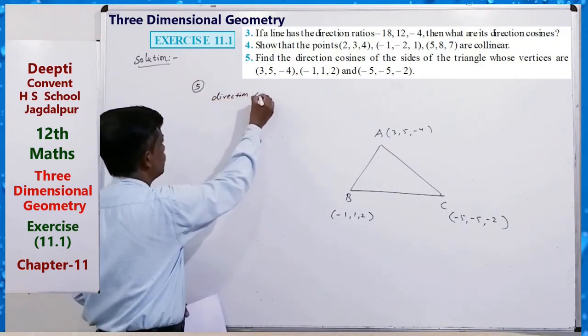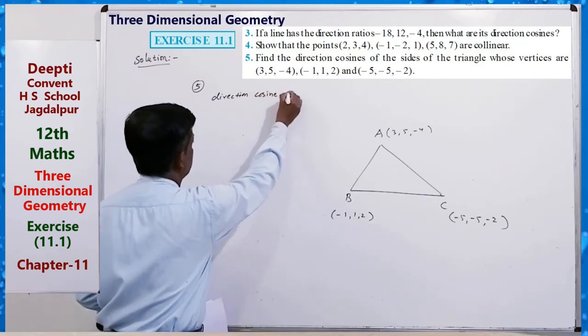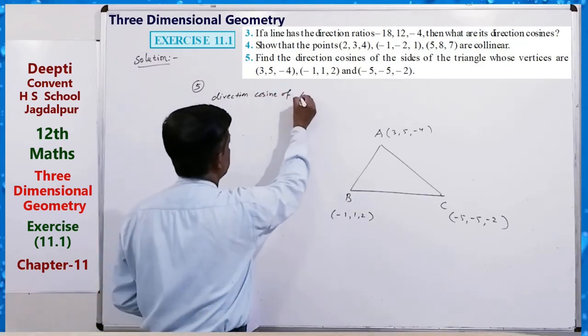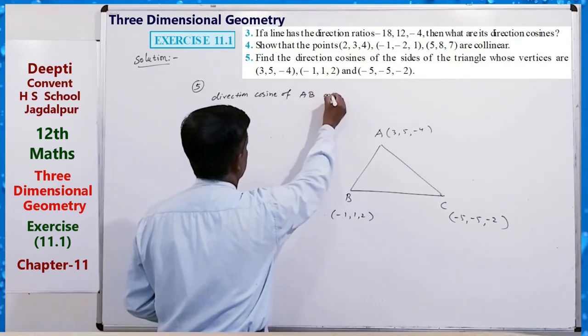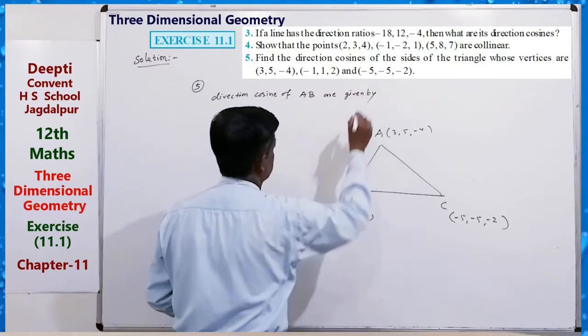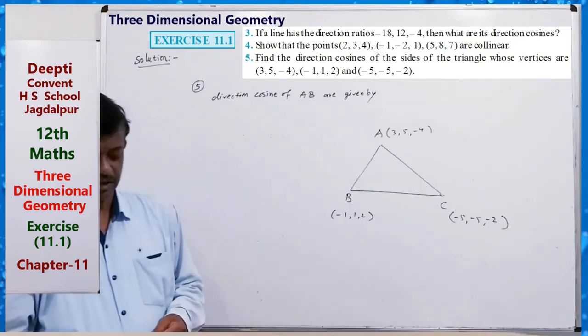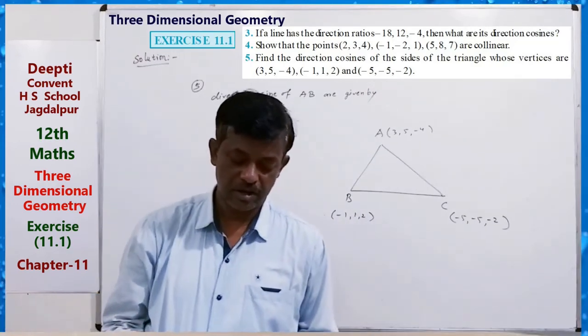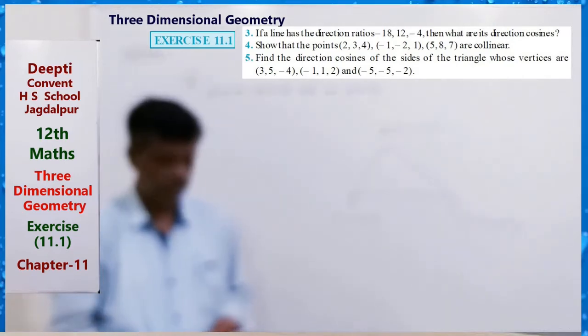Direction cosines of AB are given by how? How can we find the direction cosines?